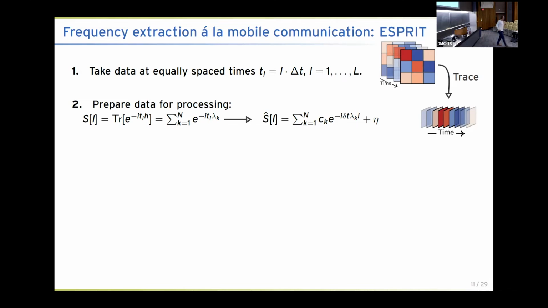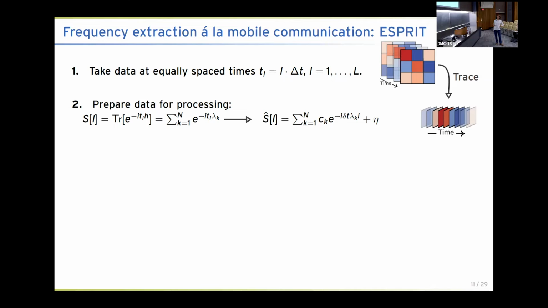Where does the data come in? I think I missed that. This is the data. Now I take the trace of the data. At every time point I take the trace. That gives me now linear data. So the lambdas are the things you want to estimate. Exactly. And you're evaluating this S of L. But that doesn't seem to depend on the data at all.